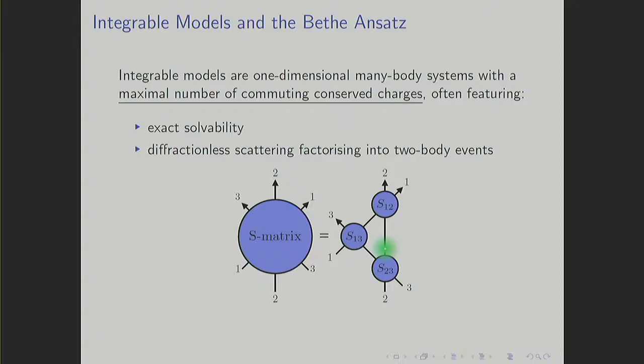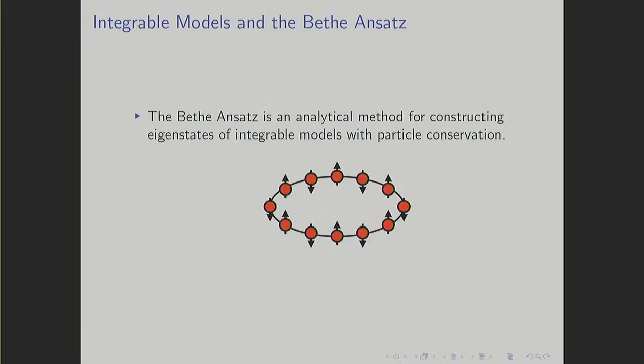So only transmission and reflection is allowed. And the Bethe ansatz is nothing but a method to construct the eigenstates of these models as long as the number of particles or excitations is conserved. In this case, we will say that the particles are the number of spins down, here depicted.